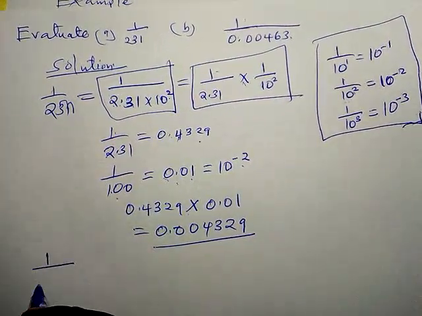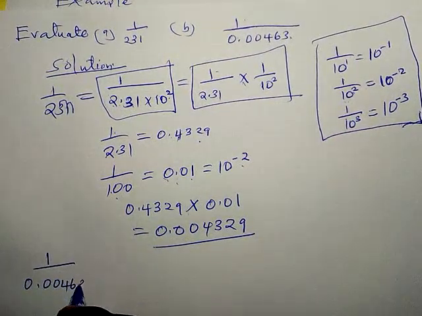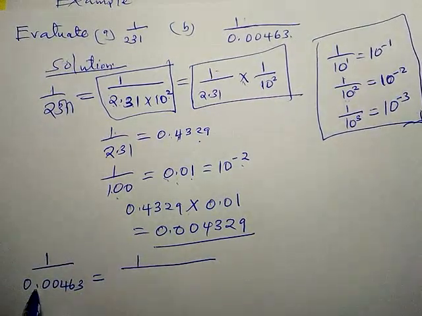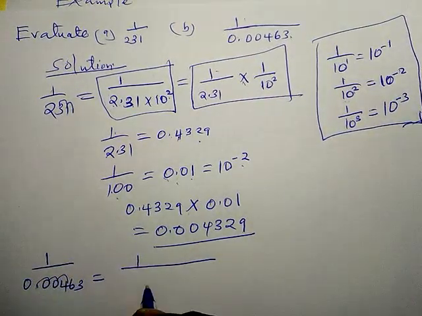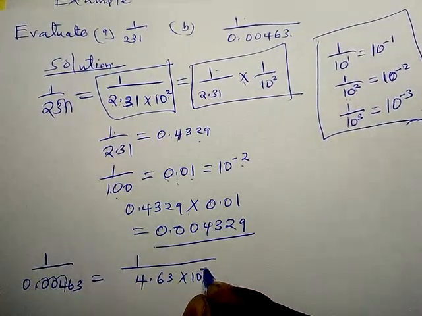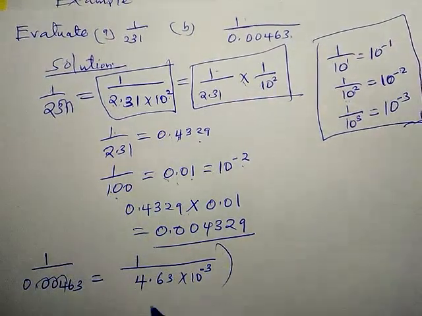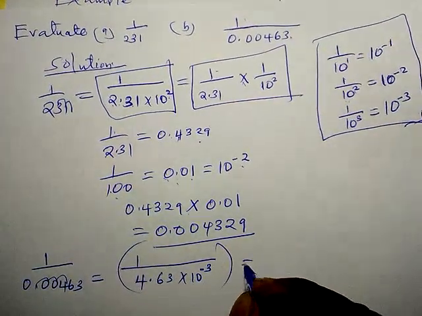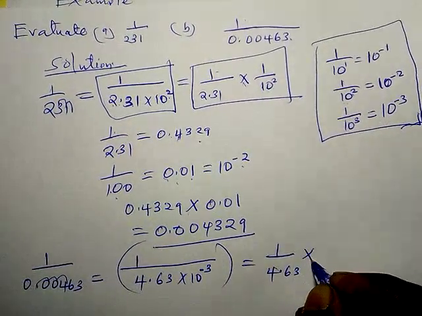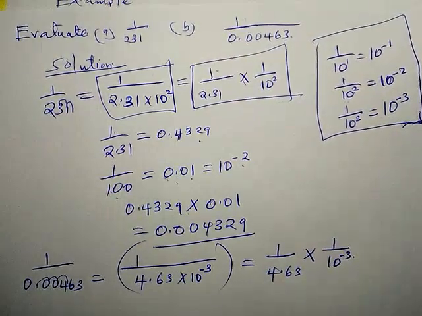So 1 over 0.00463 is equal to 1 over 4.63 times 10 raised to power negative 3. So everything here is equal to 1 over 4.63 times 1 over 10 raised to power negative 3.